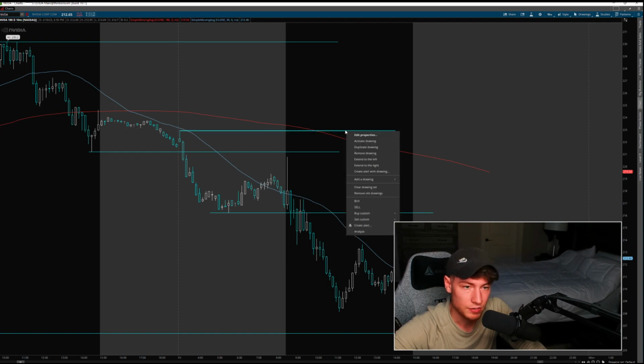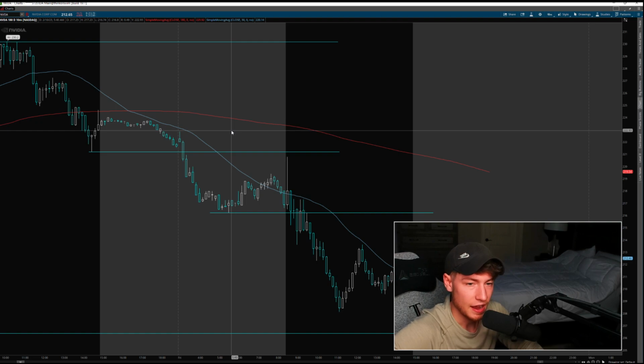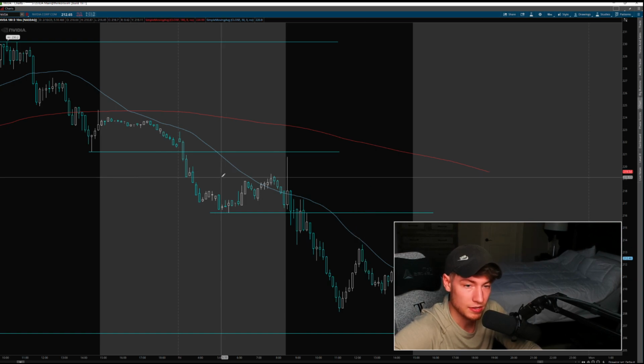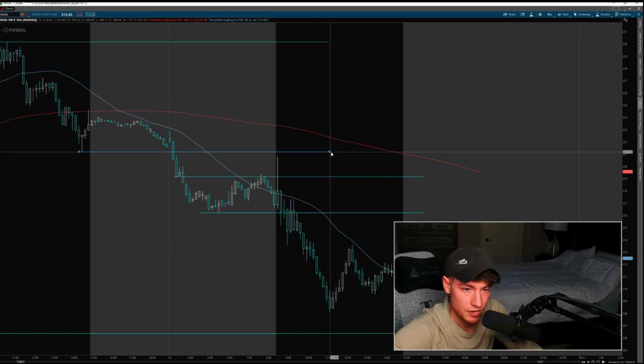But I'm actually going to delete the pre-market high, and I would rather focus on the pre-market consolidation high, where price was having the biggest trouble getting over in pre-market. So that is around this level, right? You can mark the high of it, or you can just mark the body right here. So these are the things that I'd be looking at while trading.